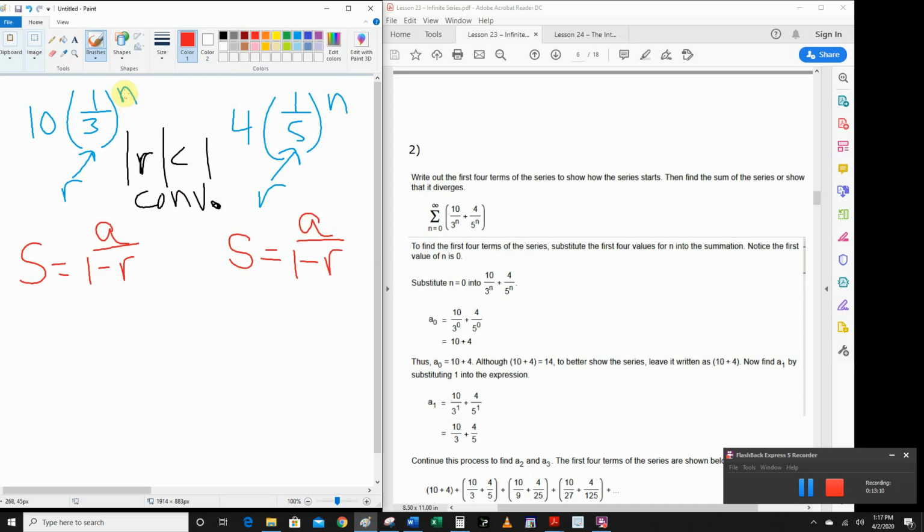If you plug in 0 up here, 1/3 to the 0 power is 1, times 10 will give us 10 for A, for the first fraction. And right here, when you plug in 0 for n, 1/5 to the 0 power is 1, times 4, so 4 is our first term in that second fraction. And R is 1/5.